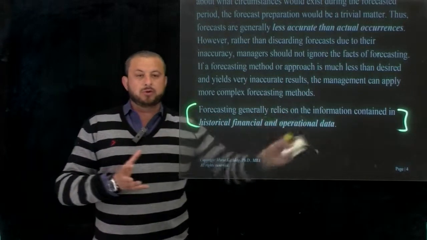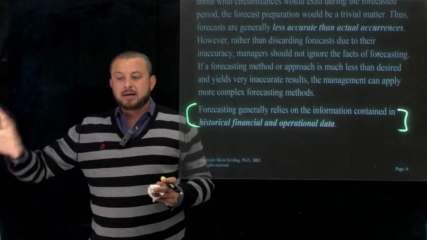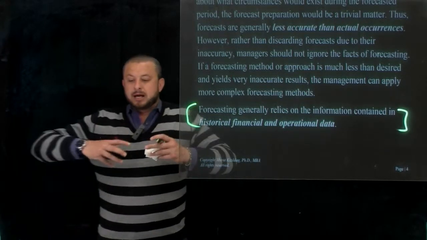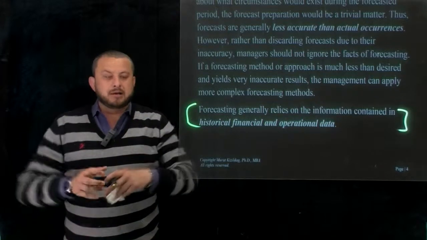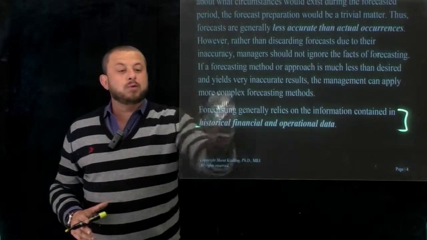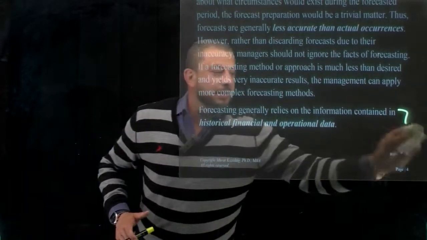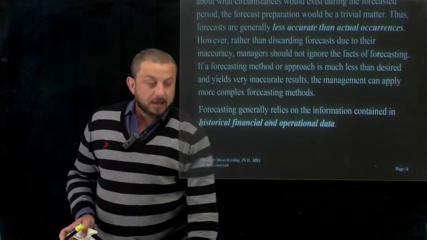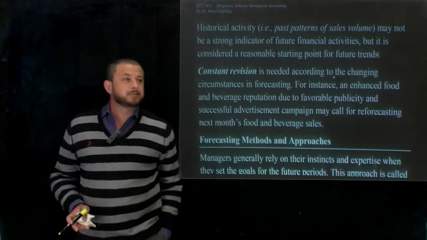So that's exactly what we're going to do right now. We're going to be using historical data in our calculations, and then we are going to apply some methods and formulas to come up with what might happen in the future, and then try to draw managerial implications based on what might happen in the future, guys. This is exactly what we're going to do, okay?